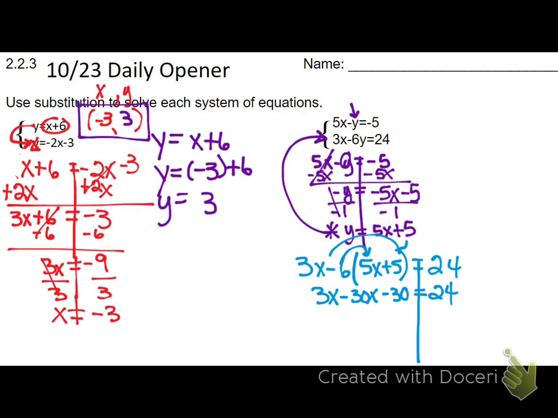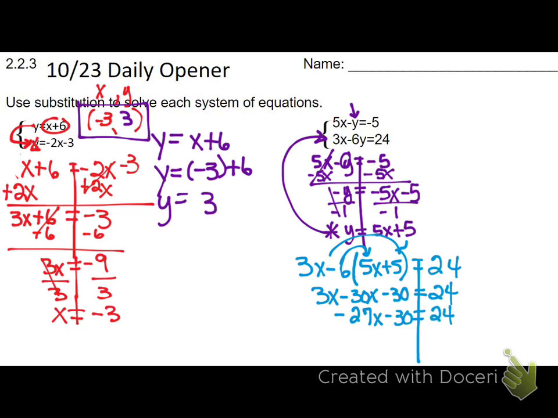Then what do I do after I distribute? Combine like terms. What are my like terms I'm combining here? 3x minus 30x, 3 minus 30, negative 27x. Negative 27x minus 30 equals 24.